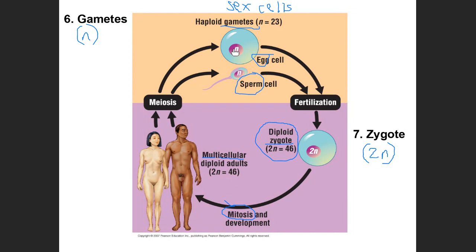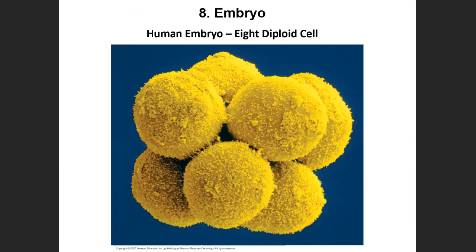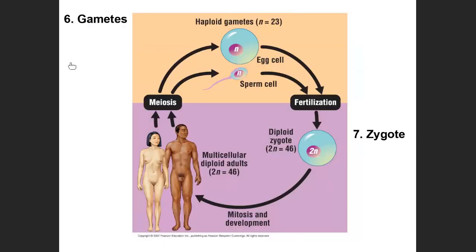Dad will pass on one of 2 sets of 23 in their haploid gametes. And then when the sperm fertilizes the egg, we reestablish a diploid organism. Okay? Now, make sure, at the very least, when we finish going over this glossary, you know how these attach to each other, apply to each other. Okay, then 8. Well, going back to this one.